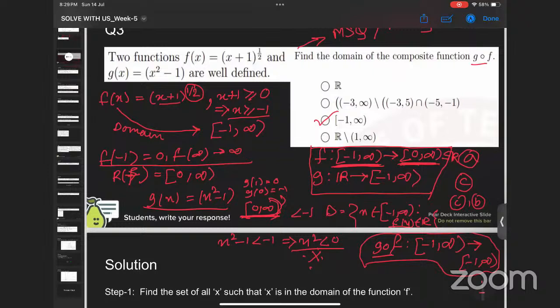So any doubt with this? Ma'am, could you please explain again the domain of g of x? Okay. You can easily check this. For any real number there should not be any problem with this function, right?